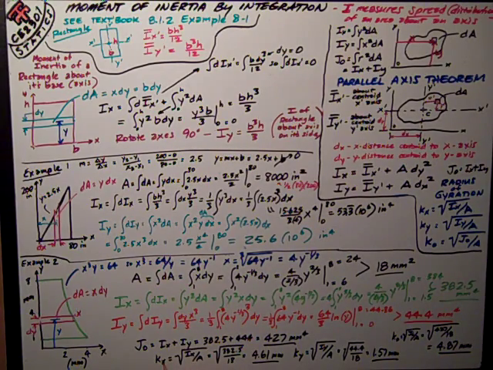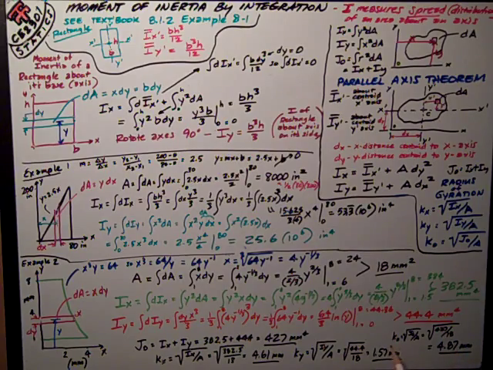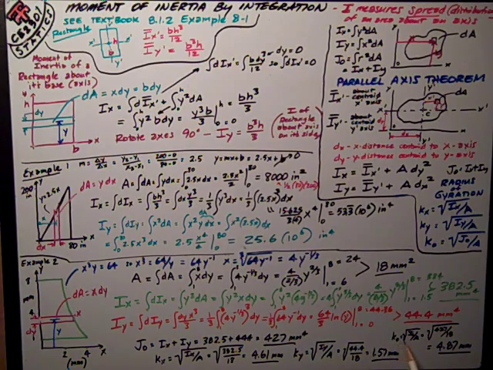The radius of gyration about x is the square root of Ix over A. Just these values, 382.5 divided by 18, 4.61 millimeters. ky, the radius of gyration about the y-axis, is similar numbers. You can plug them in, do the calculation, 1.57 millimeters. Polar radius of gyration is the square root of J0 divided by A, that number divided by 18, 4.87 millimeters.